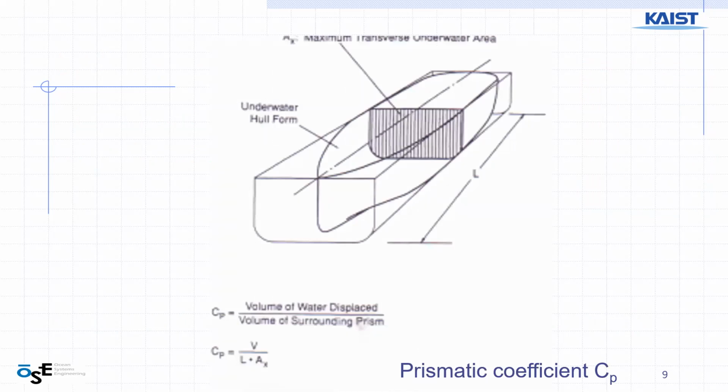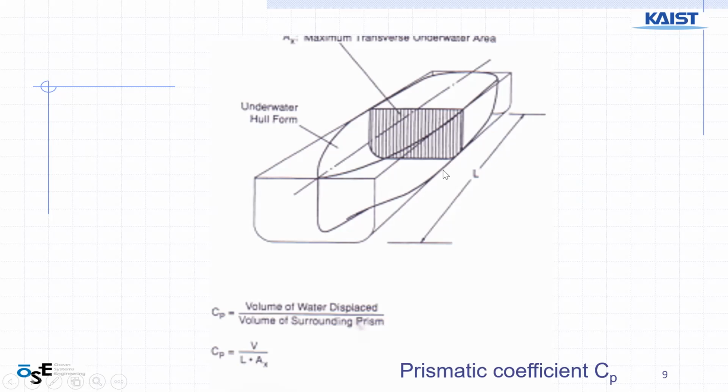This picture shows the prismatic coefficient. How slender the ship is at the front and back is shown by the CP number. If the ship is very blocky and full, then CP is also close to 1.0. But this ship shows that the front part is very narrow and sharp.